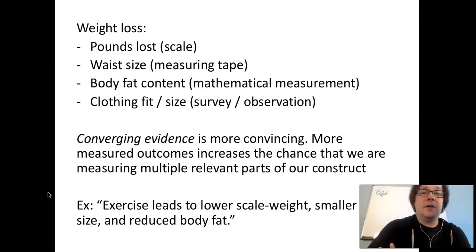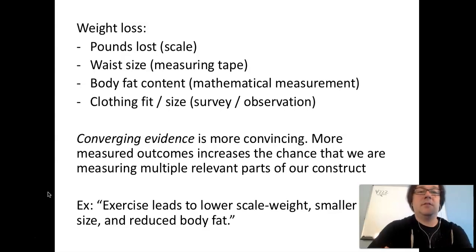We could start getting a little bit more sophisticated here and measure weight loss in terms of body fat content, right? Or your body fat ratio. And this involves a mathematical type of measurement. Or we could measure weight loss in terms of how well people's existing clothing is fitting, or the size of their clothes.